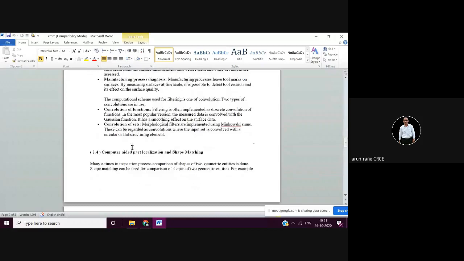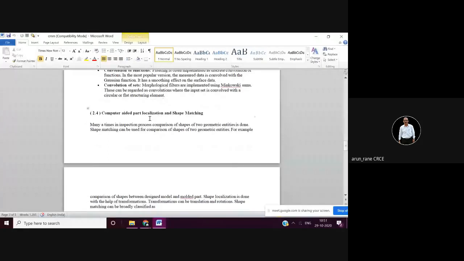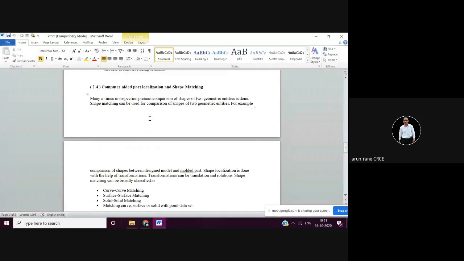Convolution of functions and convolution of sets, that we ignore. Then it is very useful for measurement of contours, that is shapes, which is not possible to measure by your gauges or conventional instruments. Like consider automobile shapes, the contour on the roof or on the bonnet.